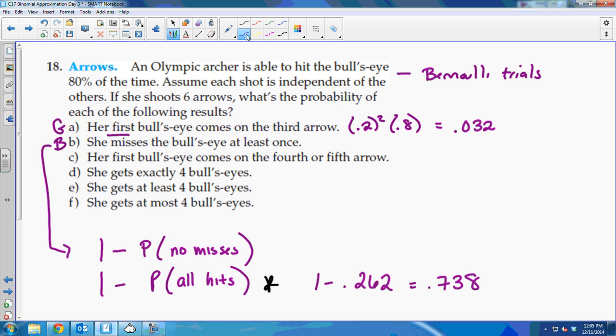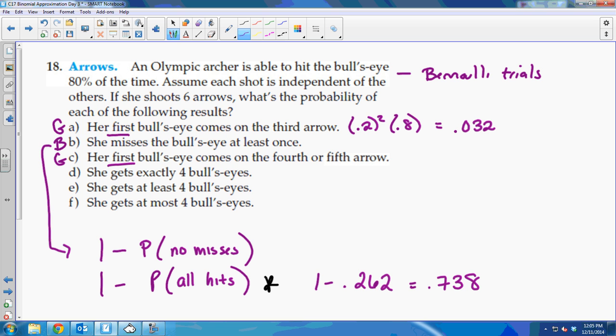On C, her first bullseye comes on the 4th or 5th arrow. Is that geometric or binomial? Geometric, first bullseye. Now, geometric CDF adds stuff together, but it doesn't add just 2 together. It adds 1, 2, 3, 4 in order, so you need to do these separately and then add them together.